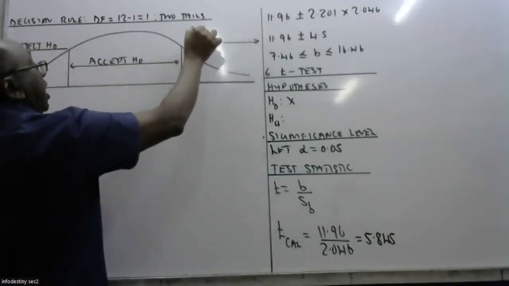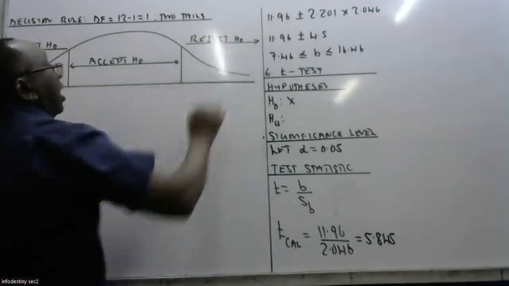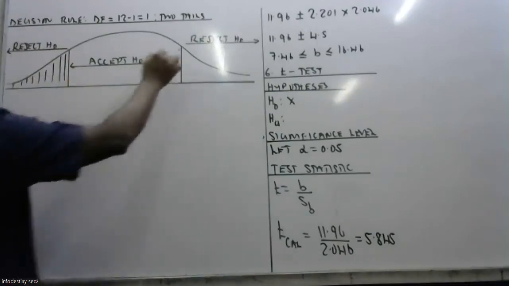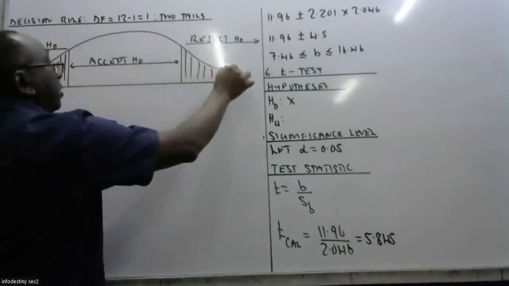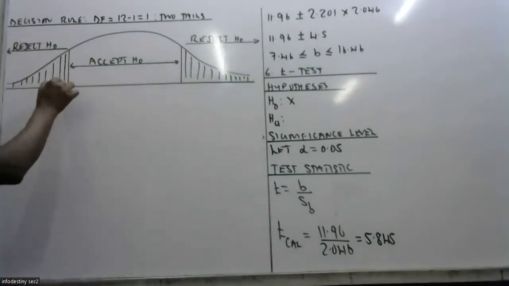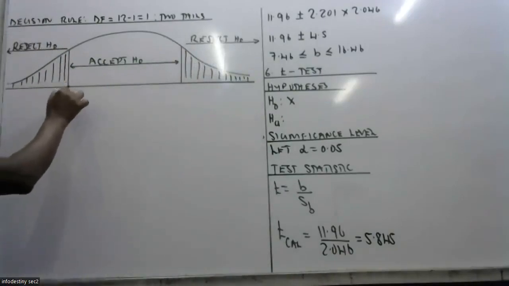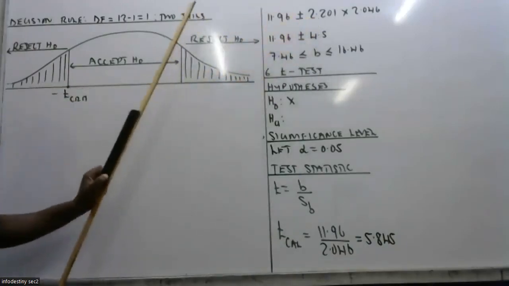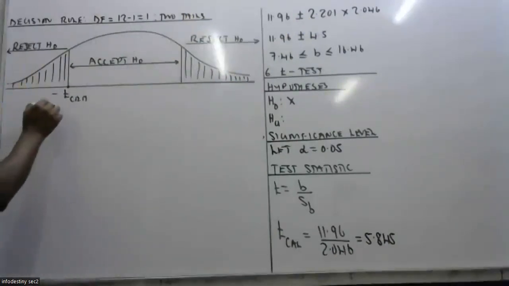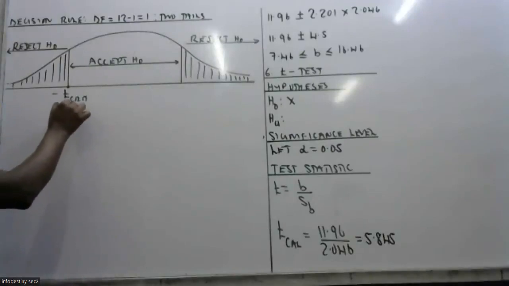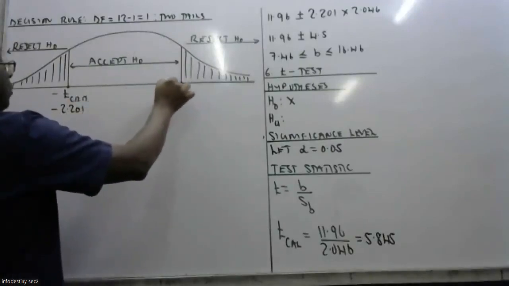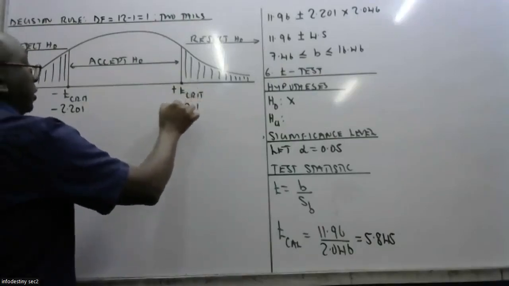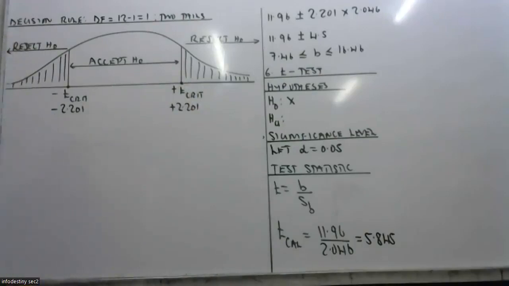Here we say reject the null hypothesis. This one here is minus T critical. This T is the one we just read, the same thing. We remember we read at 11 degrees at 95. So it's the same thing. I will write 2.201. And here positive T critical is positive 2.201.